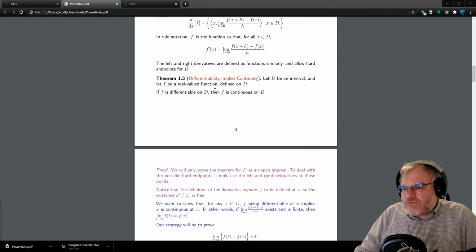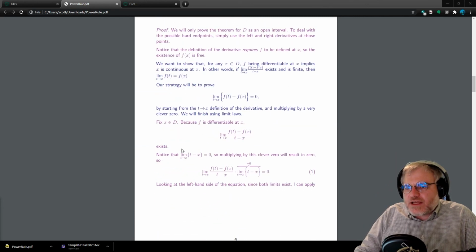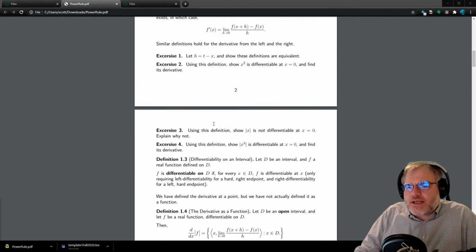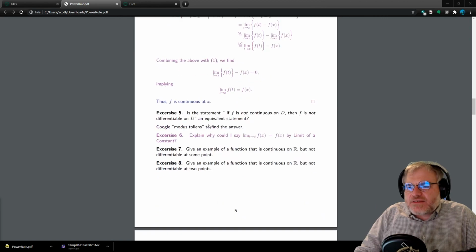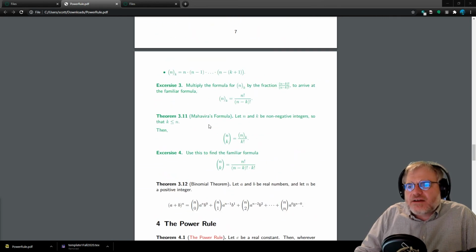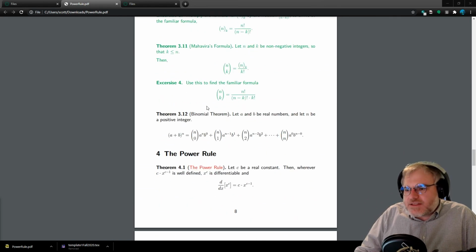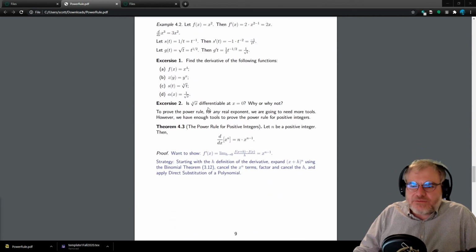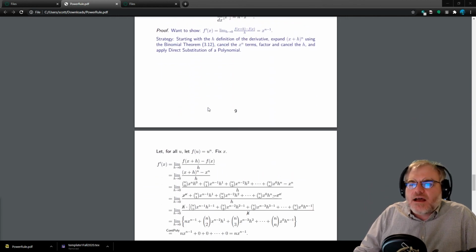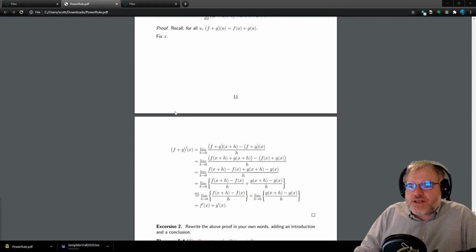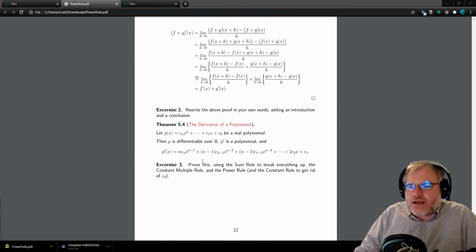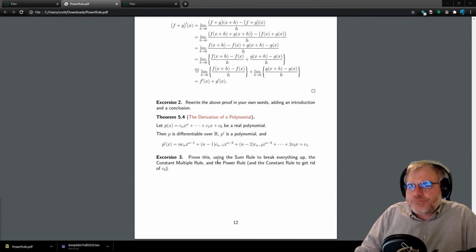You have to know the fact, but there's a proof in there if you want to see it. Yes, that's the h definition of the derivative. If you really want to see all the binomial stuff, the combinatorics, I love that, but that's just me. And there's the proof of the derivative of a constant function, the constant multiple rule, the sum rule, and then we just did that. Are there any questions for me?